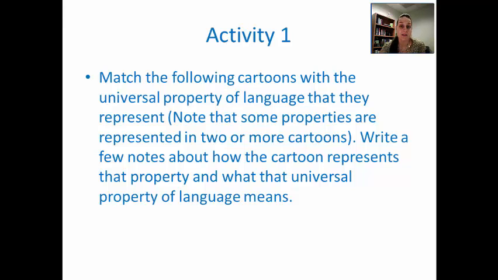To find this activity, you can go into Blackboard, where you located this PowerPoint or this video, and you'll see activity 1 listed there. Otherwise, you can click on the link that is showing up on the screen right now, and that will open the Word document for you. So at this time, you can press pause and take a couple of minutes to fill out the sheet. See if you can identify which cartoon represents which universal property of language.